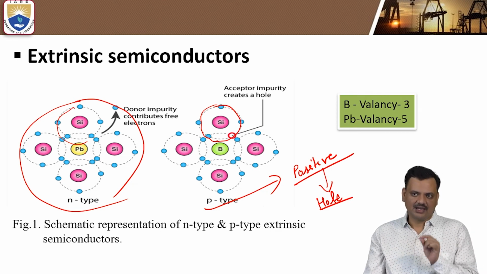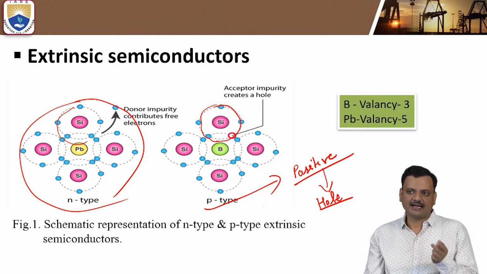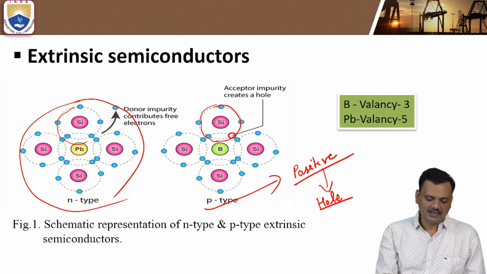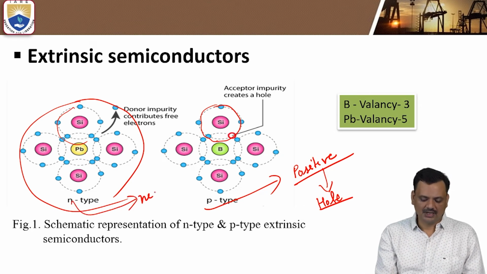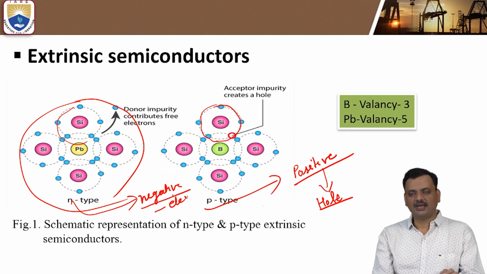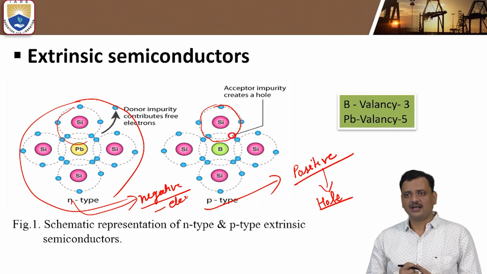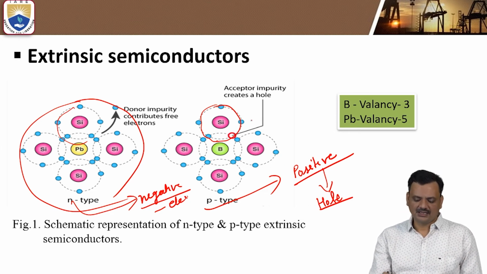Basically, it is not an exact particle, but it is a deficiency, and it acts as a particle. And you can remember negative. So negative, who? Electron. So in N-type, the majority charge carriers are electrons, and in P-type, the majority charge carriers are holes. Okay.